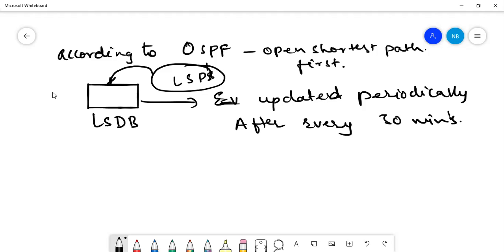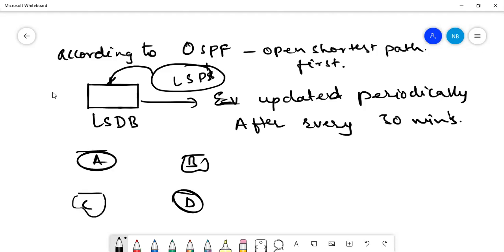Okay, and here we have A, B, C, D. According to the OSPF protocol, based on link state routing, the table, or LSA, will get updated every 30 minutes.